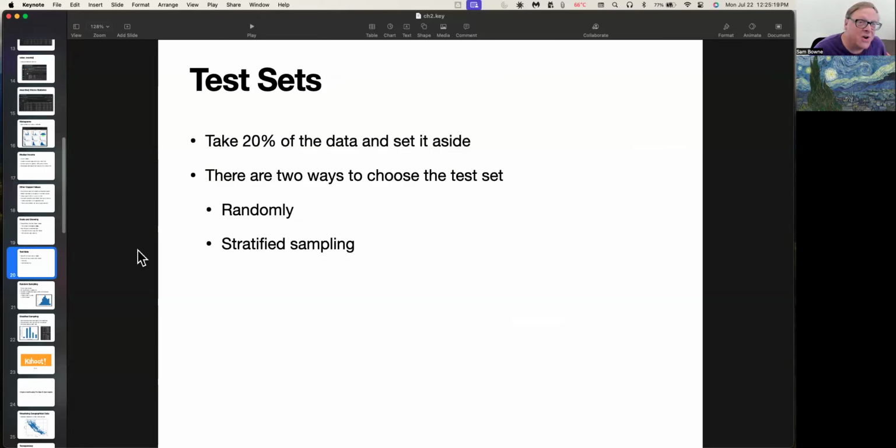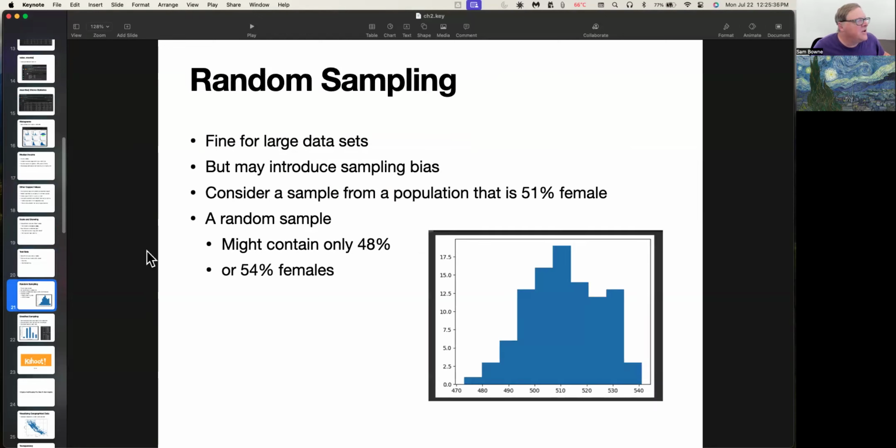Even this is going to turn out to be a little difficult because if you just take a random 20%, then it might not be representative of the mean. If you have certain parameters that are really important, then you do stratified sampling where you make sure you correctly sample each of the important categories. So here's random sampling. If you consider something that depends on sex, say, measure something about human life that's different for men than women, 51% of the population is women.